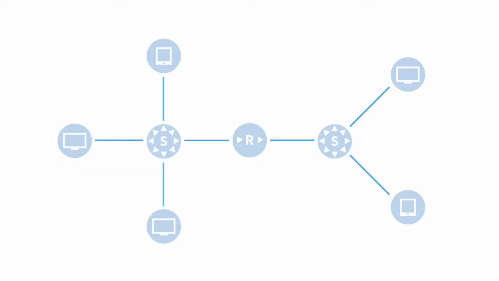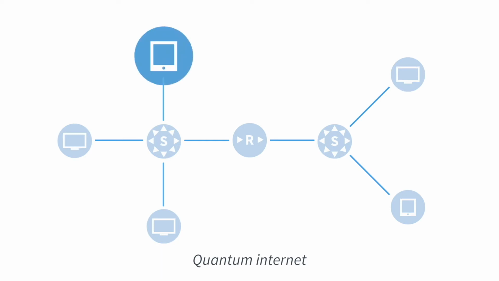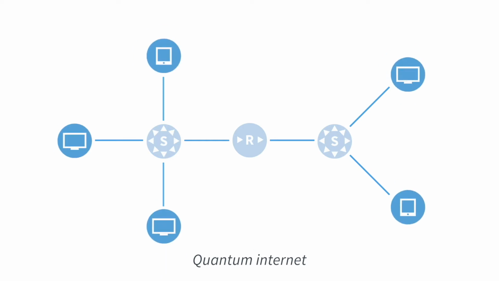The first element of a quantum internet is what we call an end node. An end node is basically your computer or laptop or phone that is attached to the internet and that you use in order to run applications. So you need the end node in order to use the quantum internet.